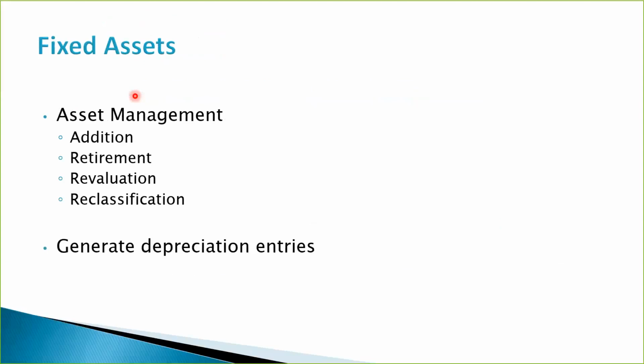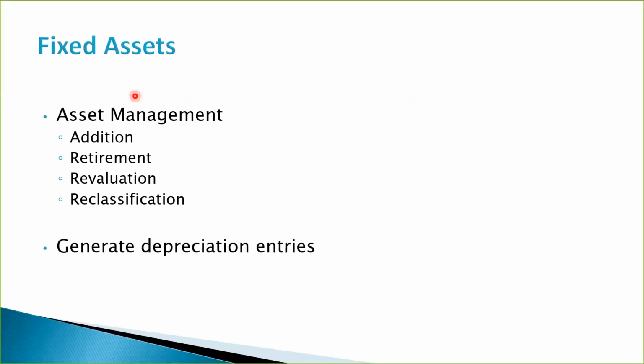So let's start to talk about the purpose of the FA module. We can say that the purpose of the FA module is split into two main areas. One is asset management, and the other one is to generate depreciation entries.